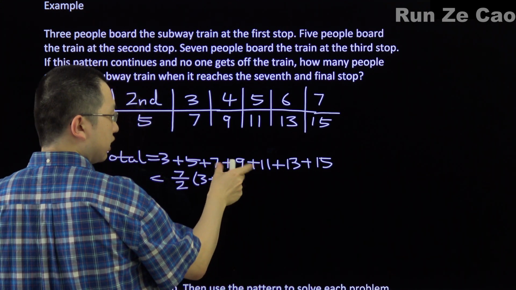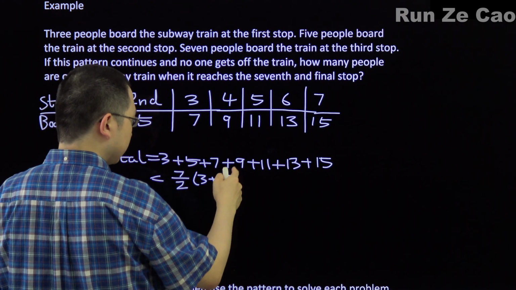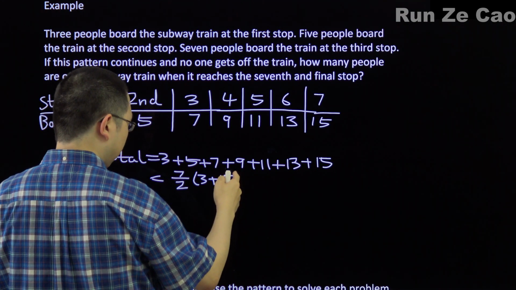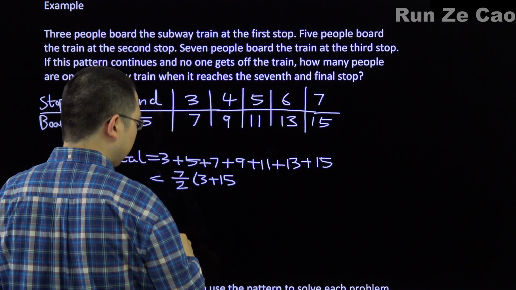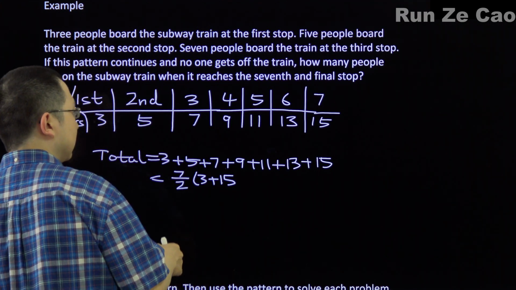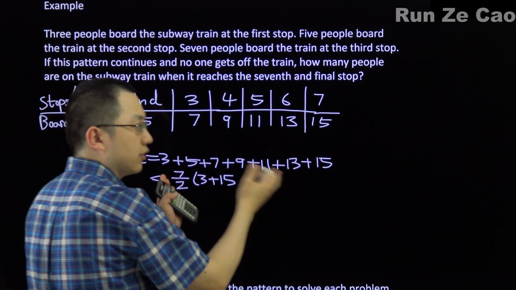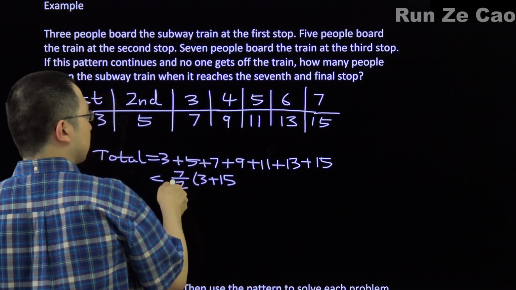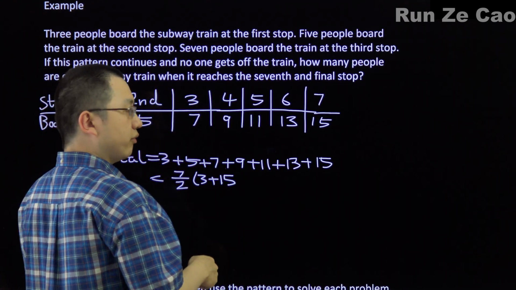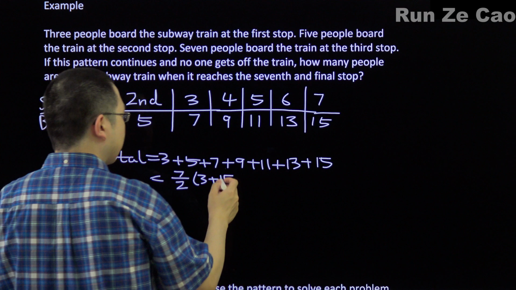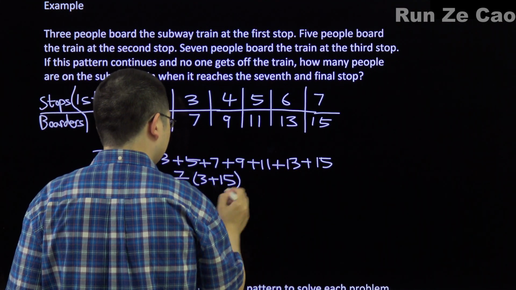Because they're symmetrically distributed around the middle number, you can always just go with the middle number times the number of terms, or you can go with pairs, in which case there's 7 over 2, or 3.5 pairs, multiplied by the sum of each pair.